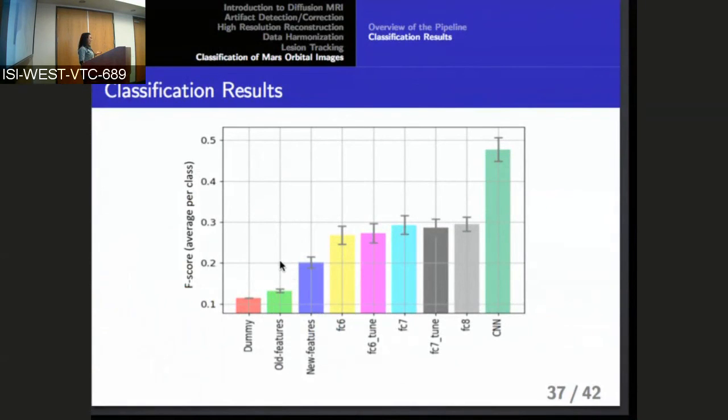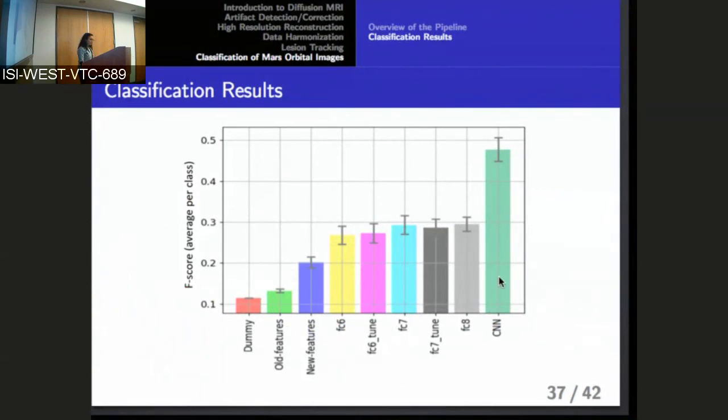That's why I said old features. Actually, these green and blue show classification results using the winner of the feature-based classifiers, which was random forest with hyperparameter tuning. And I did some feature engineering, and the results were that yes, we did a good job to improve the classification results after using the new features.